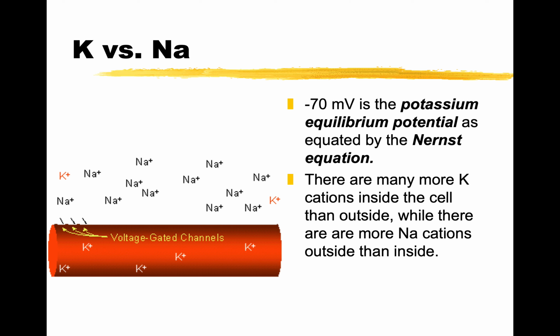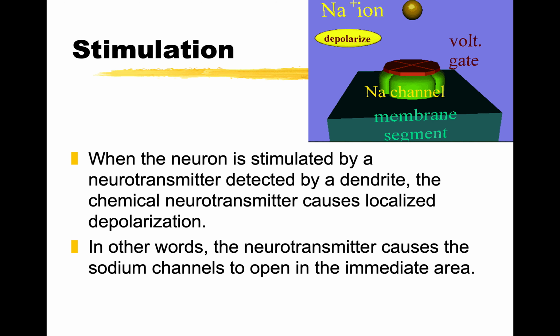There are many more potassium cations inside the cell than outside, while there are more sodium cations outside than inside. So the potassium cations are inside, and the sodium cations are outside. When the neuron is stimulated by a neurotransmitter detected by a dendrite, the chemical neurotransmitter causes localized depolarization.